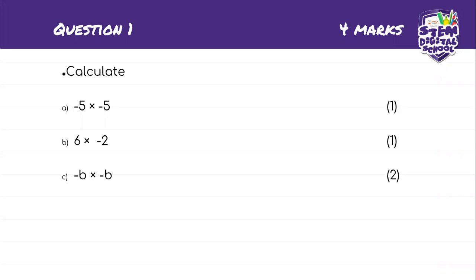The minus b multiplied by minus b will be, remember that we are now multiplying a negative number by a negative number, or a negative symbol with a negative symbol, and you'll get a positive symbol.